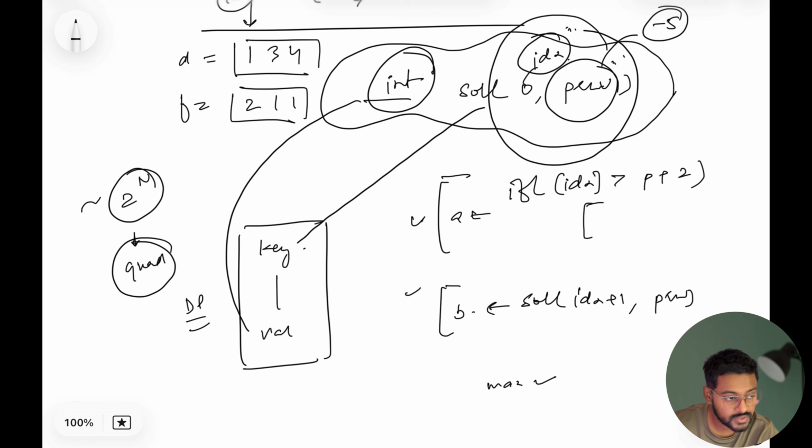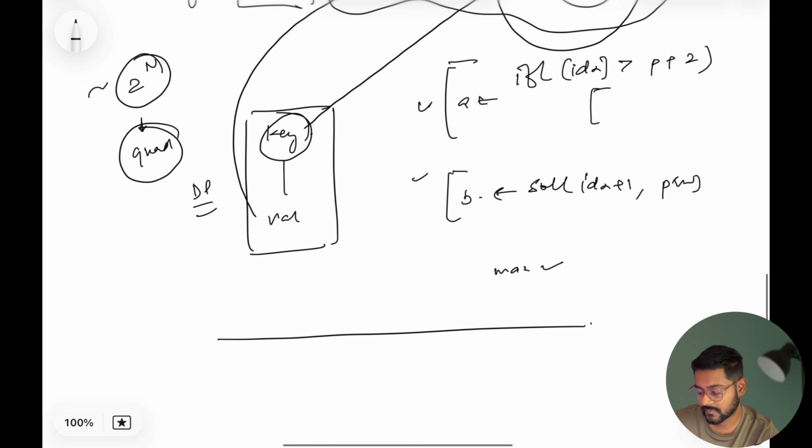But if we have a look on the constraints, this previous value, the power is going till 10 to the power 9. So having 10 to the power 9 values, and I'm making a key by maybe, let's say, concatenating these two, I might get a couple of string overheads.